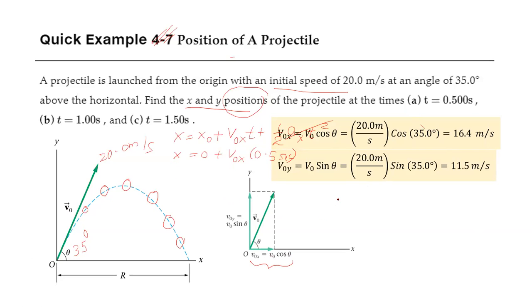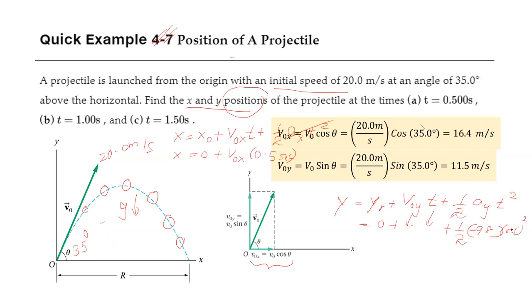How about y? Y is y naught plus v0y t plus half a y t squared. Y naught is 0. V0y, you know this one. T is 0.5, half. What is my acceleration? Acceleration g is always downward, and with going up as positive, this should be 9.8, 0.5 squared.